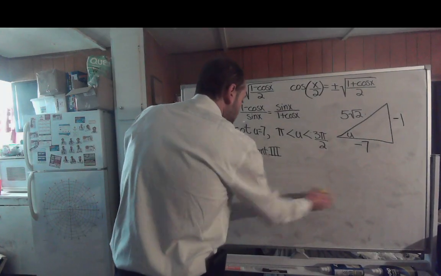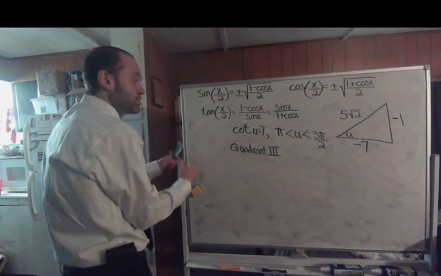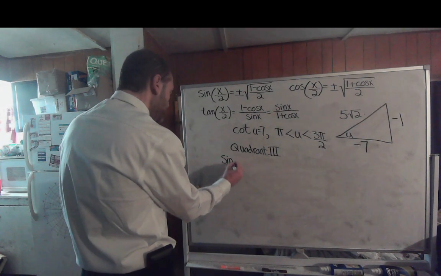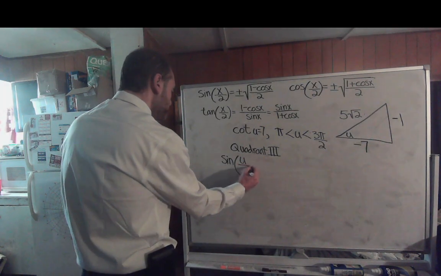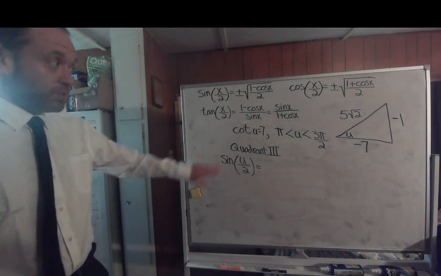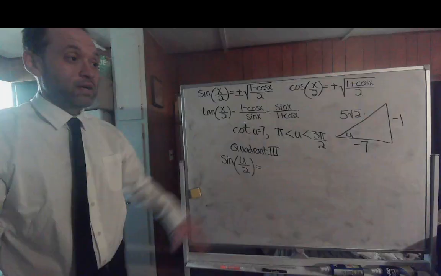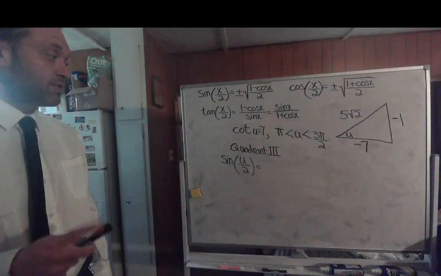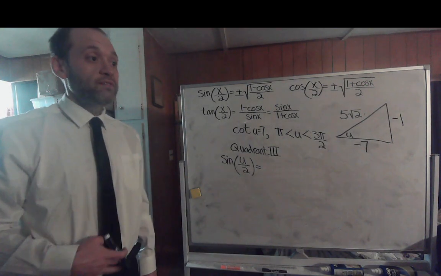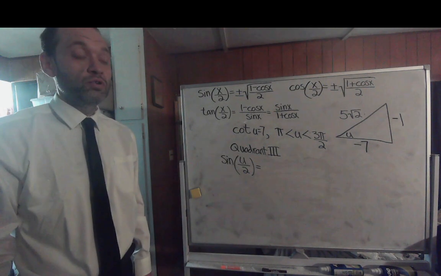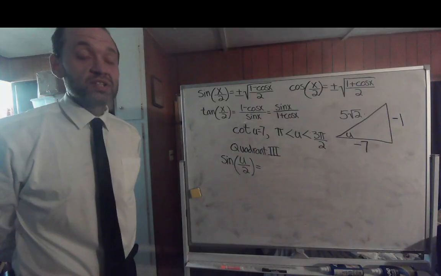Now that we have that, we can start taking half angles. So let's go for the sine of u over 2. Now, u itself is in quadrant 3, which would mean your sine and cosine both are negative. However, let's take half of even possibly close to the largest third quadrant angle, which would be 268.